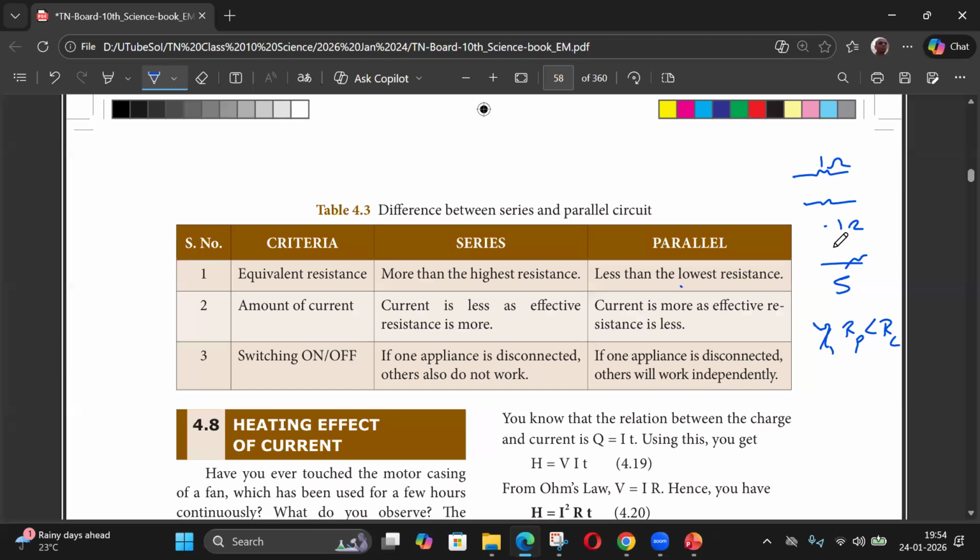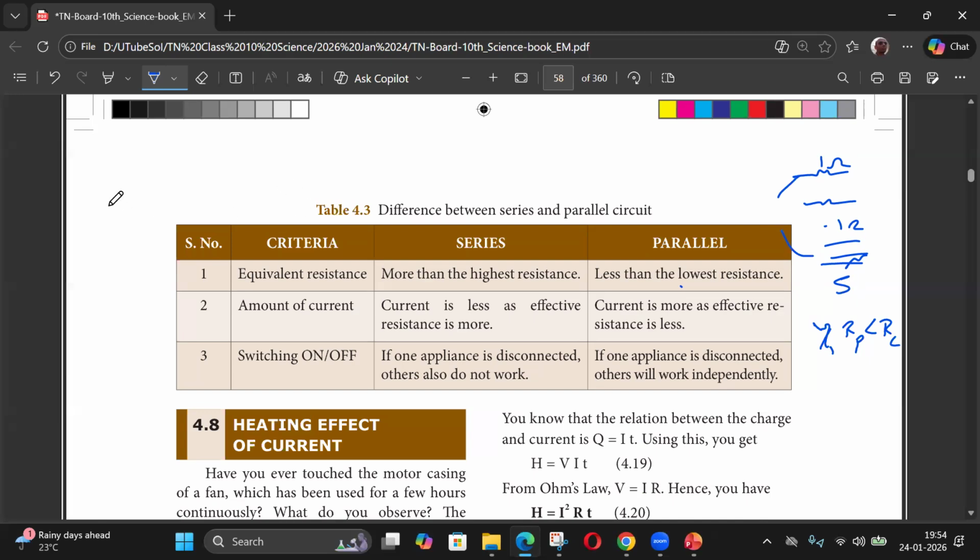It will be less than even 0.1, because if the first and third were not there, the resistance is 0.1, but having these gives an additional path. So it is less than 0.1.